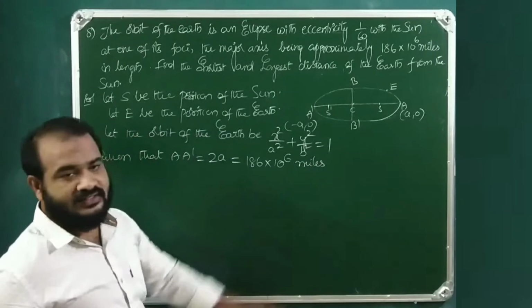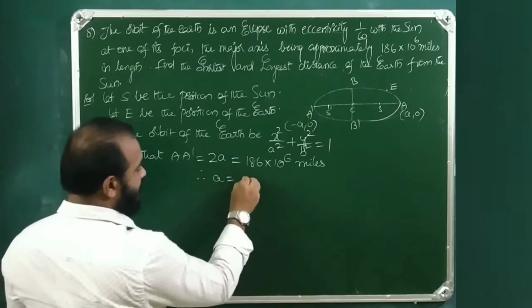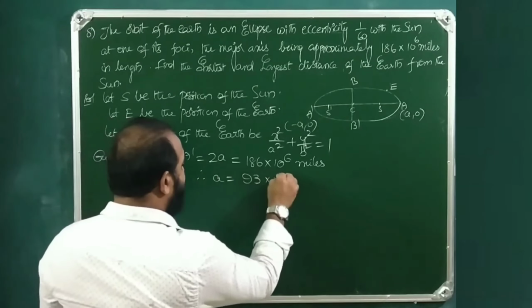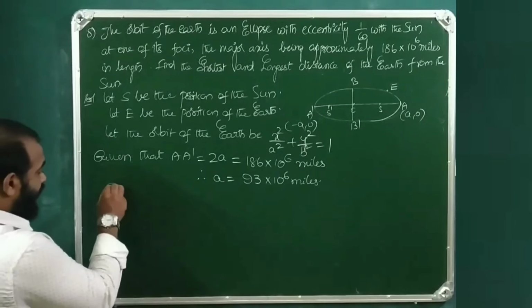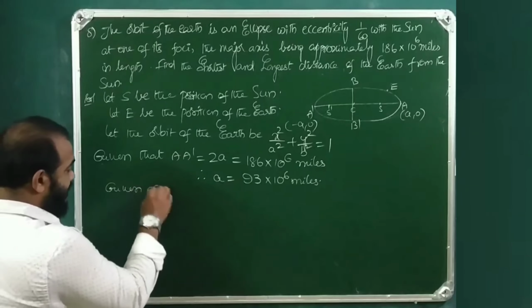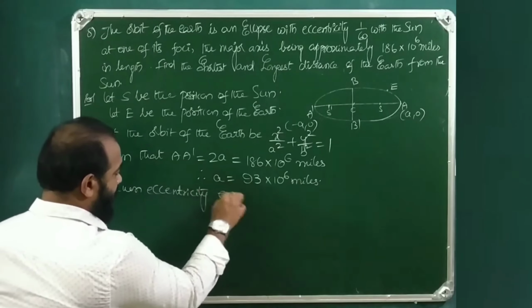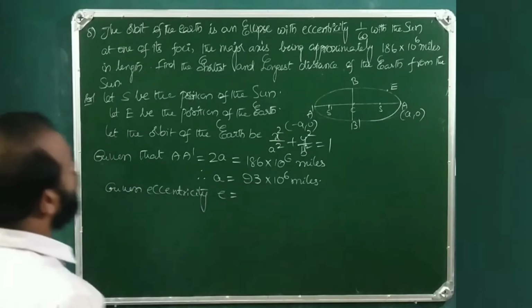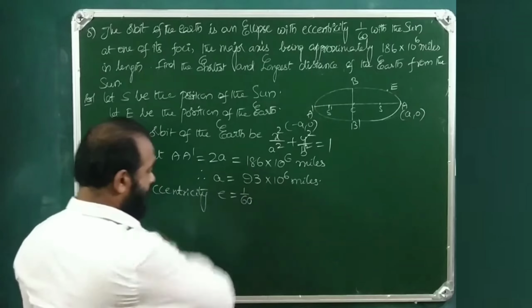So 2A is this, therefore A is equal to 186 by 2, which is 93 into 10 power 6 miles. Given eccentricity E is equal to 1 by 60.